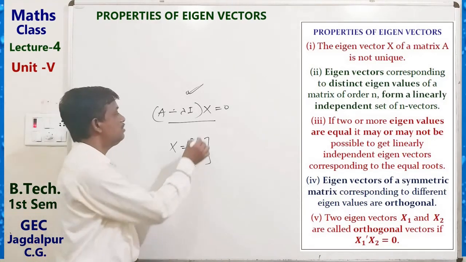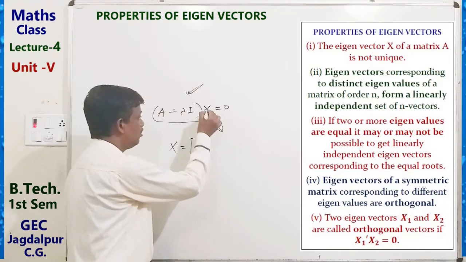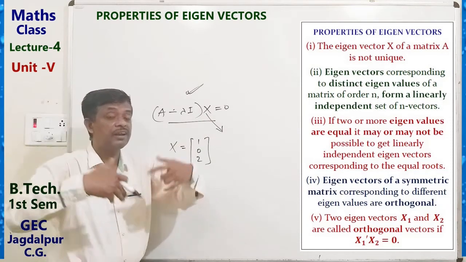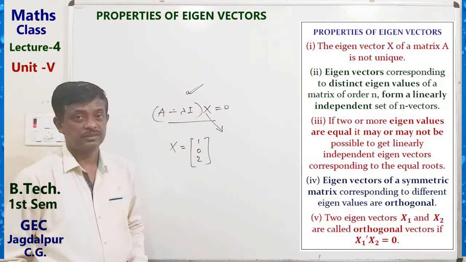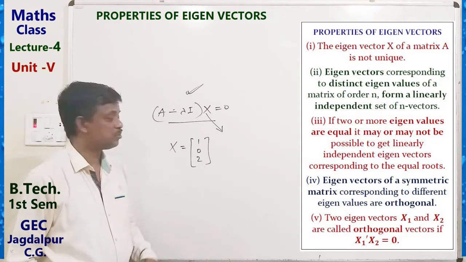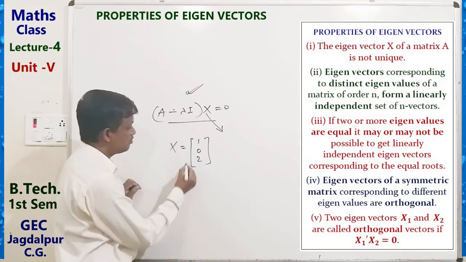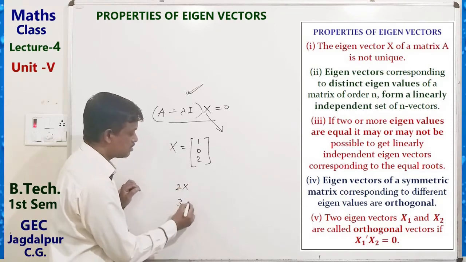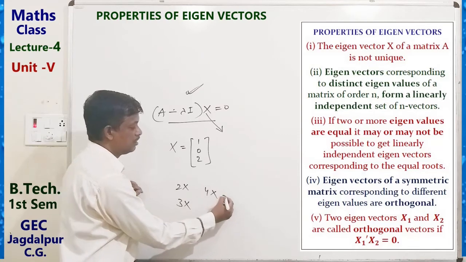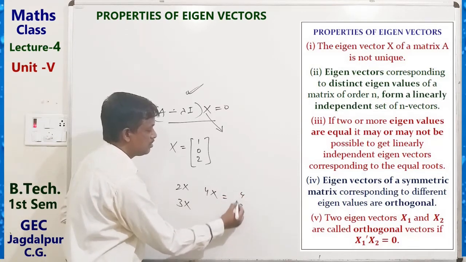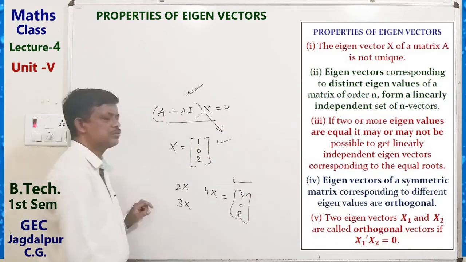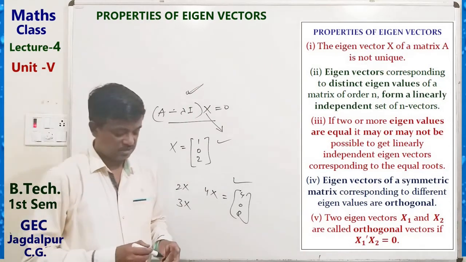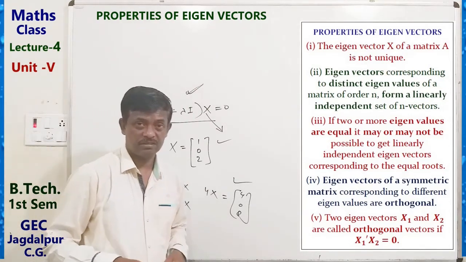So if x is an eigenvector, then 2x is also an eigenvector, 3x is also an eigenvector, 4x, that is 4, 0, 8, is also an eigenvector. So there are infinitely many eigenvectors, and the eigenvectors of a matrix are not unique.